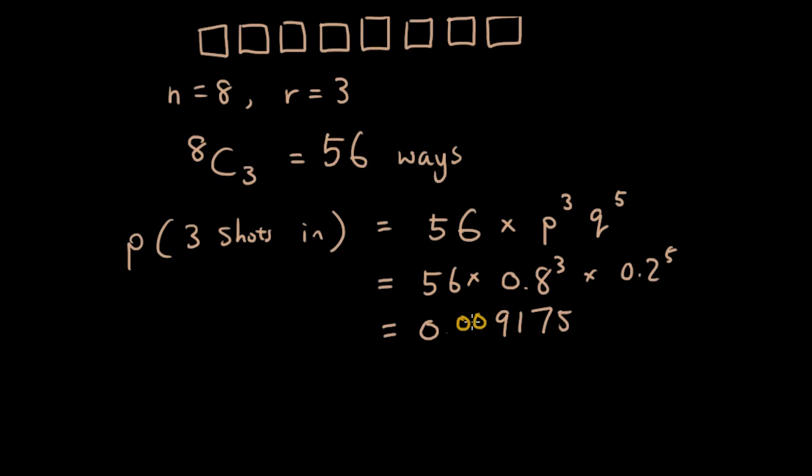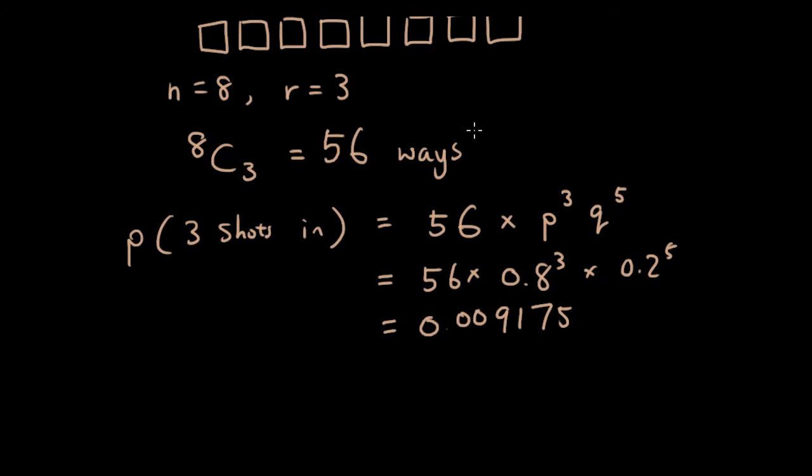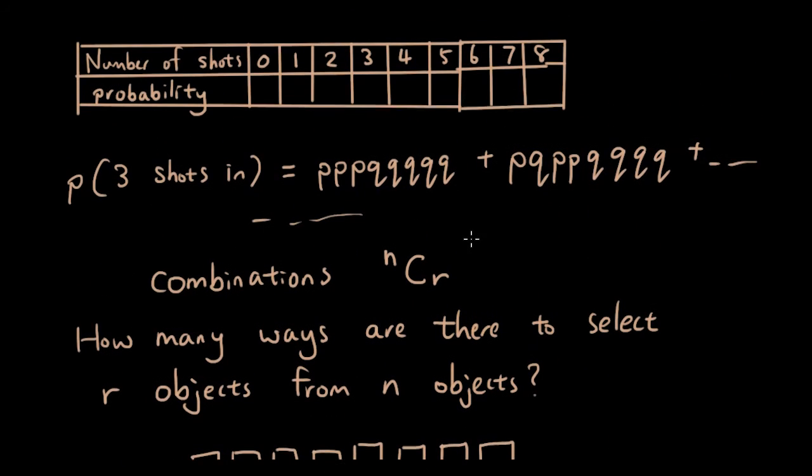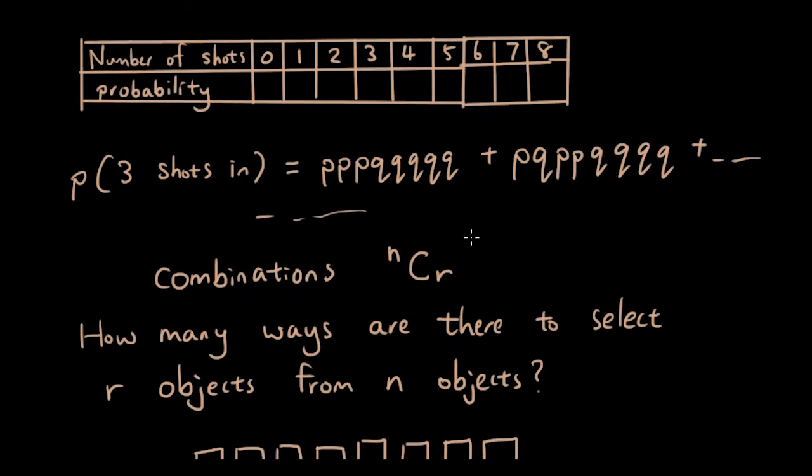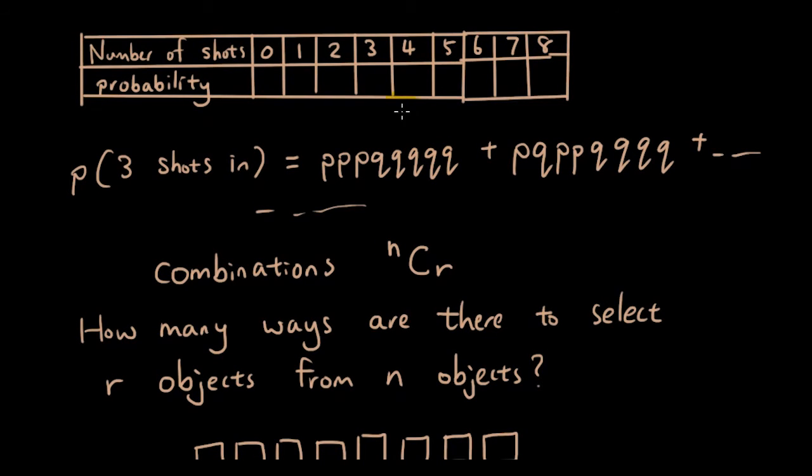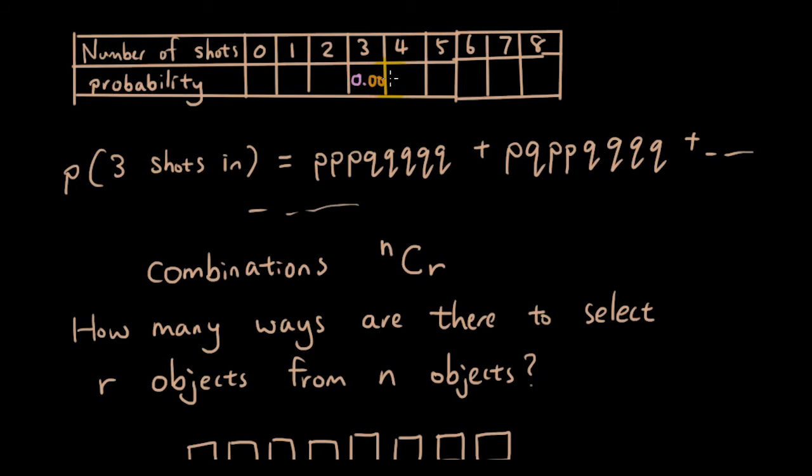0.009175. So we can put that in our table, 0.009175. So where do we put that? Well, we got 3 shots in, so that would be over here. So let's use another color. 0.009175.